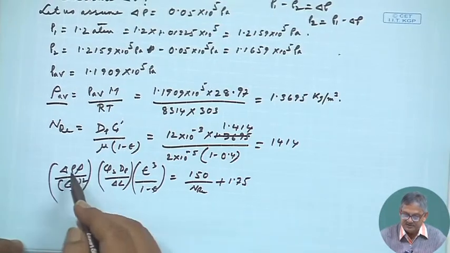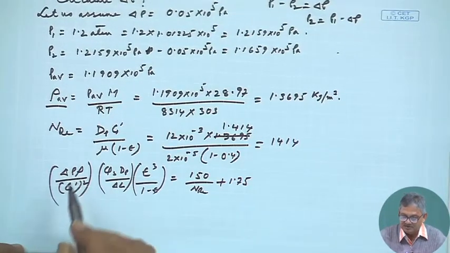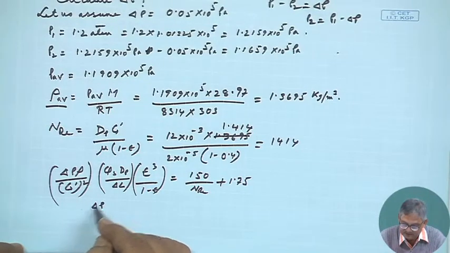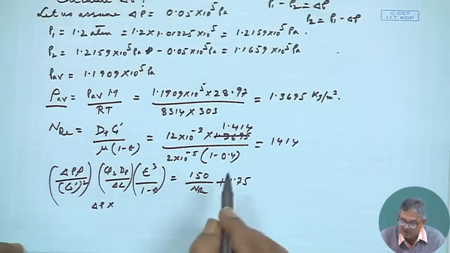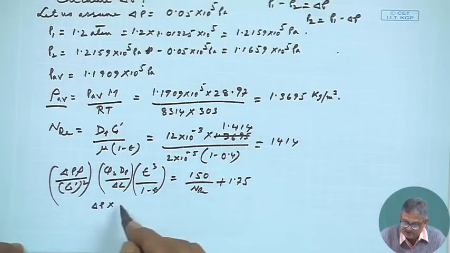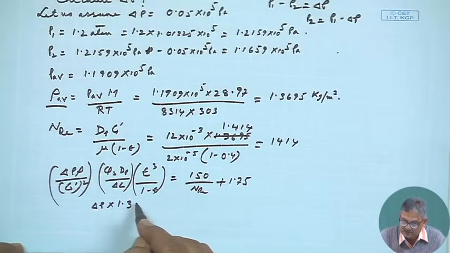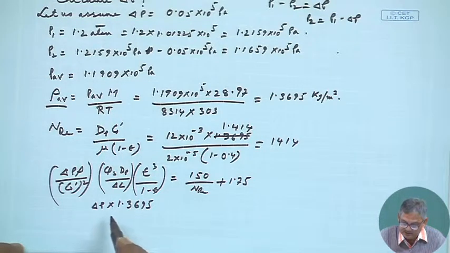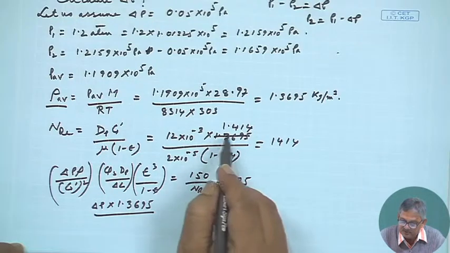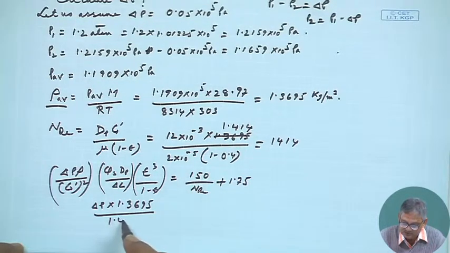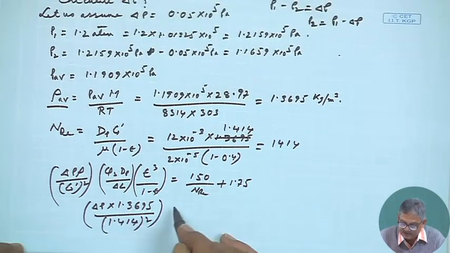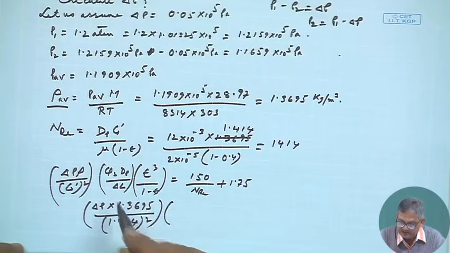So out of this, if we say that delta P is now not known, then we write delta P into rho, already we have found out 1.3695, right, divided by G prime, we have found out 1.414, this square, times phi s is 1.